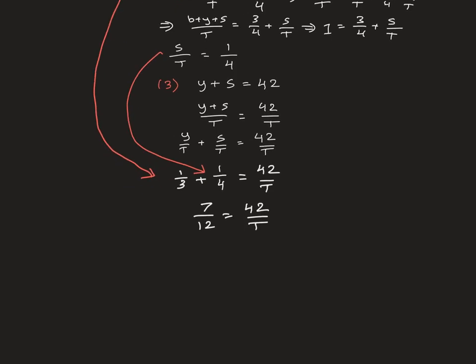And so we cross multiply and get 7T equals 12 times 42, and from this we just divide by 7 and get T equals 72.